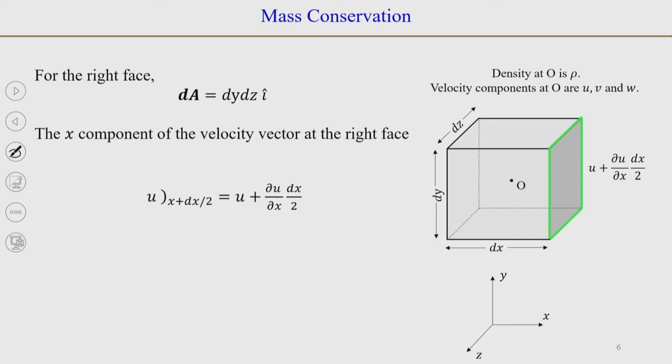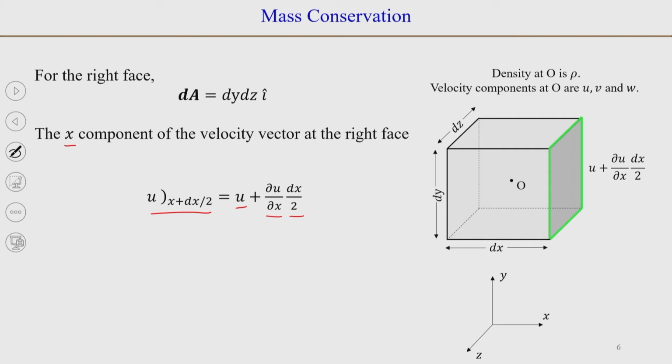So, the x component of velocity u at x plus dx by 2 will be equal to u plus del u by del x into dx by 2, using the same argument that we used for finding out the density. We have done Taylor series expansion for u and then neglected terms of dx squared or higher powers of dx.